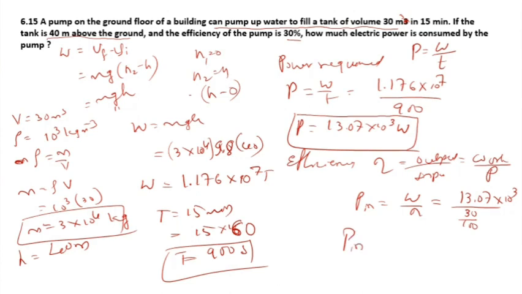Then the input power is equal to 43.56 into 10 to the power 3, which is nothing but 43.6 kilowatt. So this is the required input power, which is nothing but the electric power in the case of the pump.